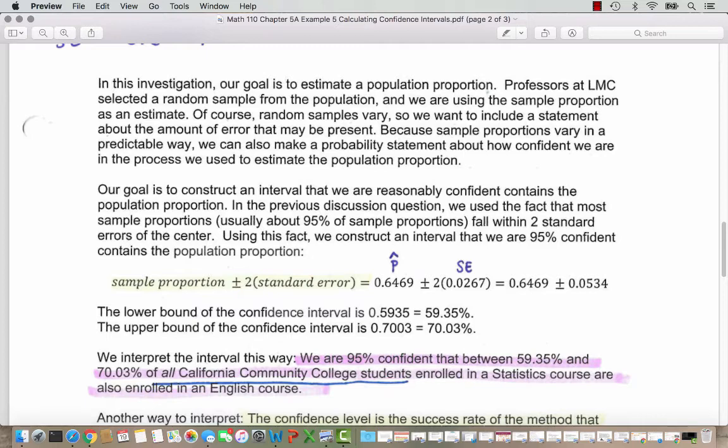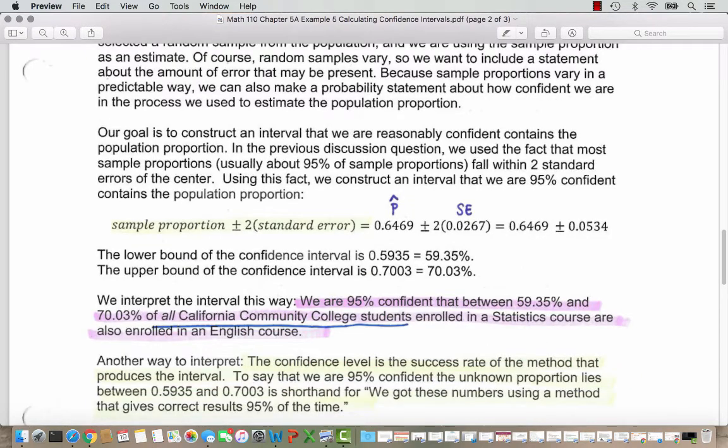We're going to construct that interval by starting with the sample proportion, and then we're going to add and subtract 2 standard errors. So we're going to have 0.6469 plus or minus 2 times 0.0267, because that's our standard error. So this is going to be 0.6469 plus or minus 0.0534 after we do that multiplication.